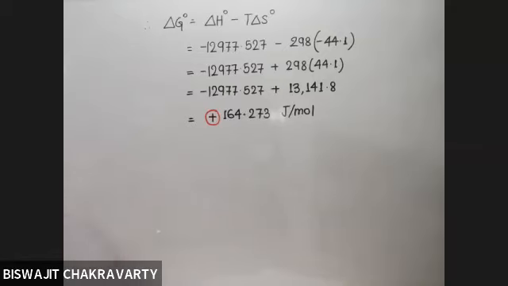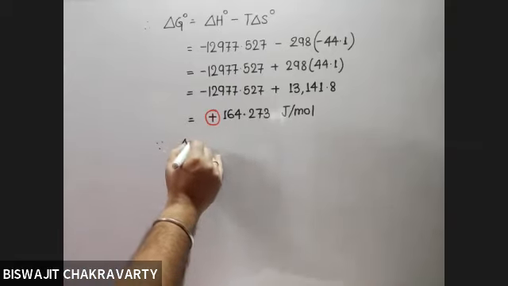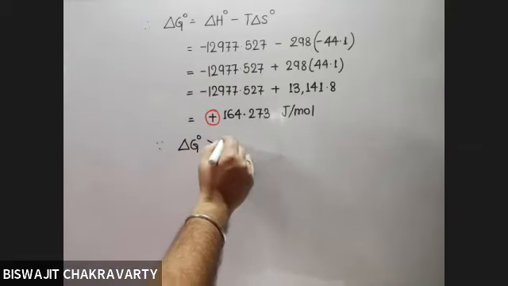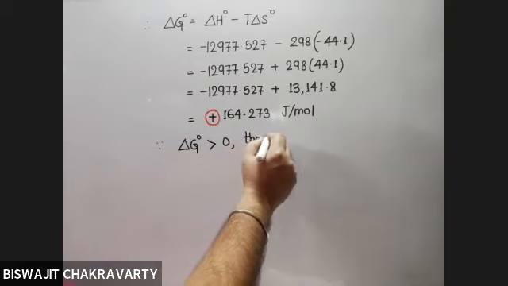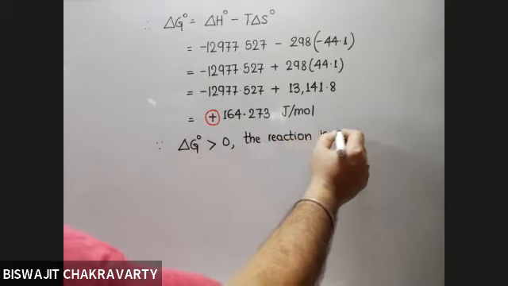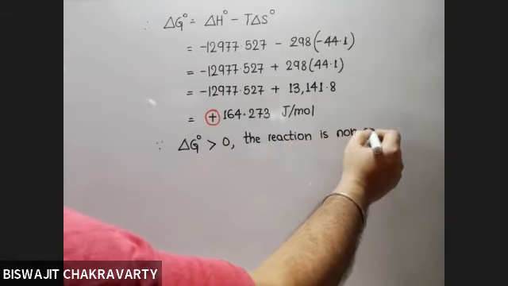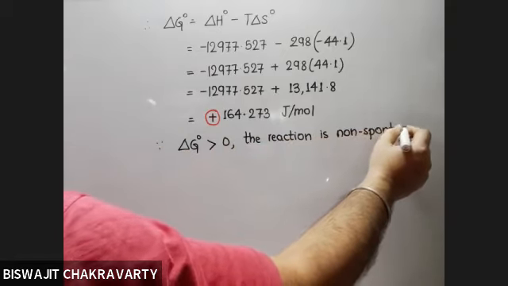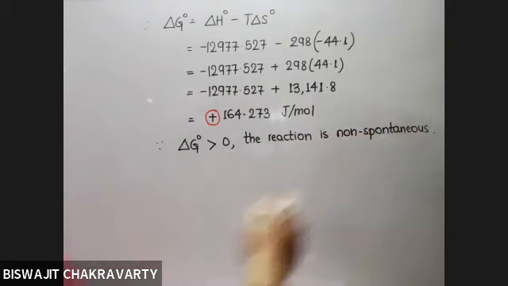Sir, non-spontaneous. Why? Sir, since delta G degree is greater than 0, the reaction is non-spontaneous. Clear or not? Yes, sir.